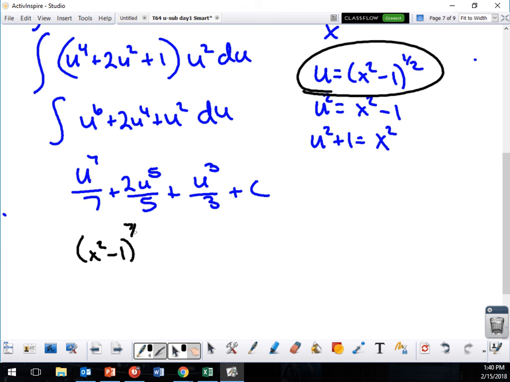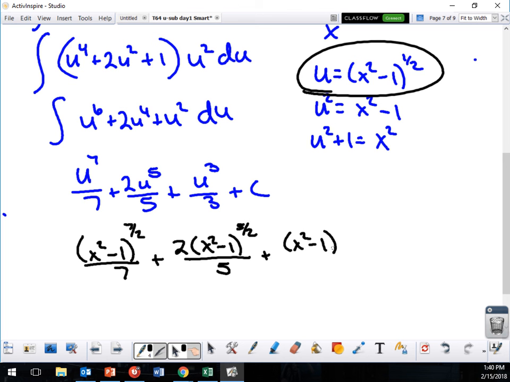Very good. 7 halves over 7, plus 2 times x squared minus 1 to the 5 halves over 5, plus x squared minus 1 to the 3 halves over 3, plus c. Is that our answer? Yes, that is the answer.